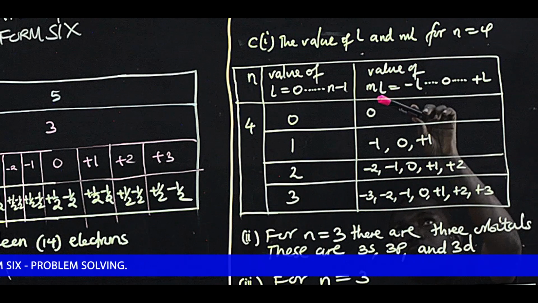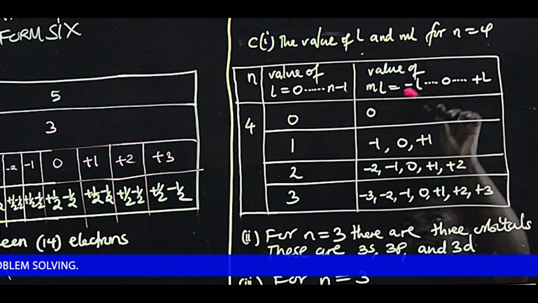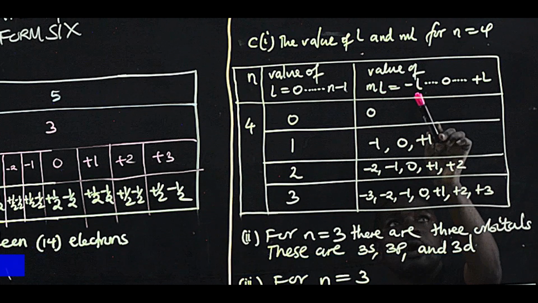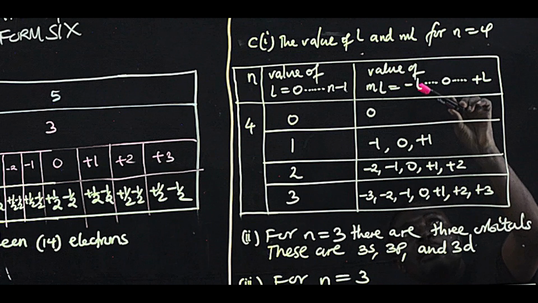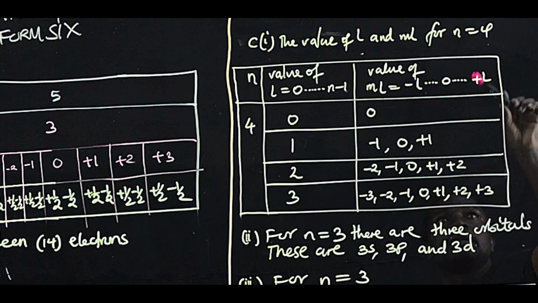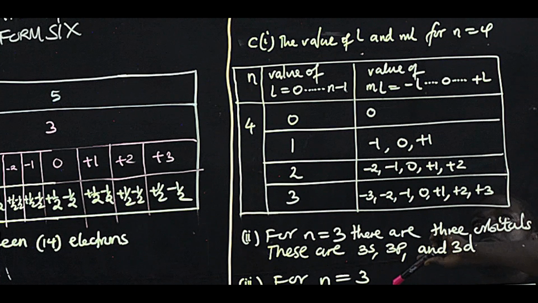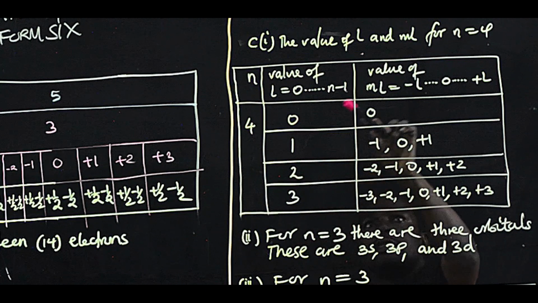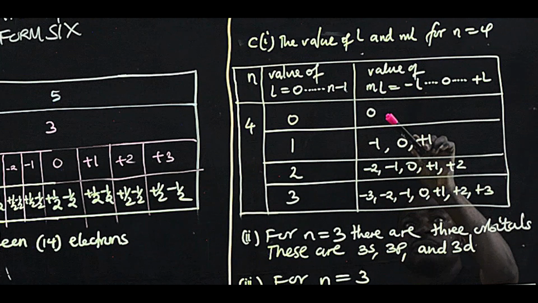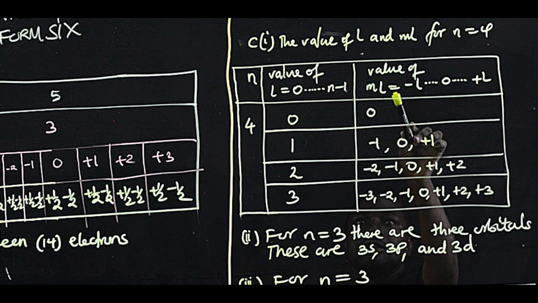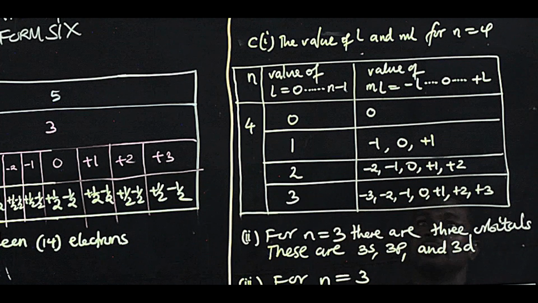The value of ml can be obtained by using the expression ranging from -l through 0 to +l. So for the values of l obtained from n is equal to 4: for l is equal to 0, the value of ml should be 0. For l is equal to 1, ml ranges from -1 to +1.